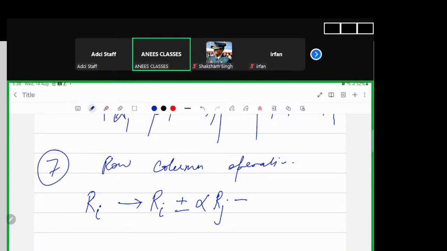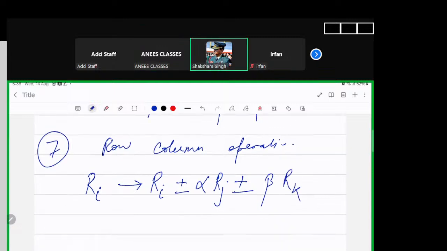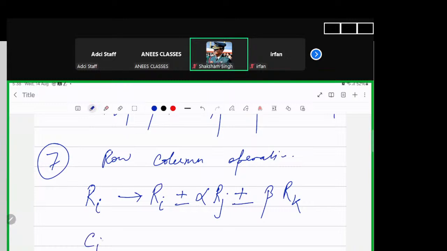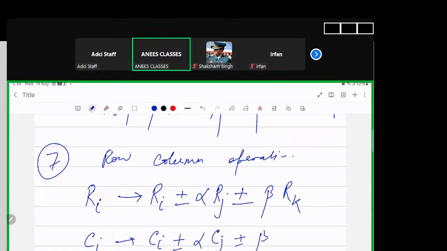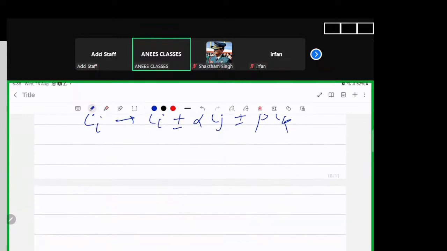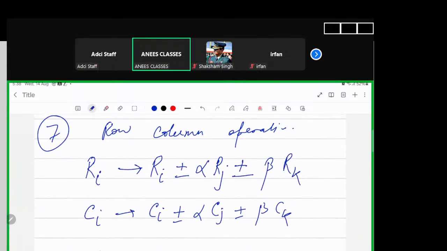You can also add or subtract another row, suppose I am taking some value beta and Rk. Understood? Yes, sir. If you transform Ci plus or minus alpha Cj plus or minus beta Ck, then the value of the determinant remains as it is.